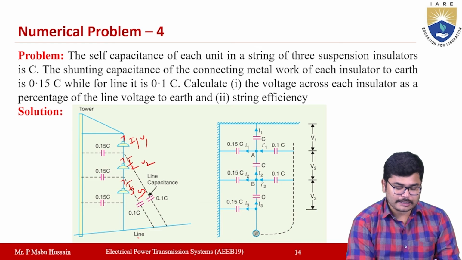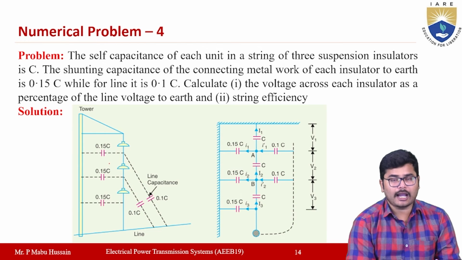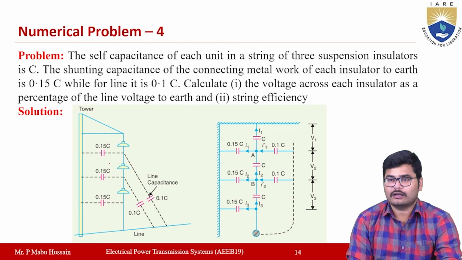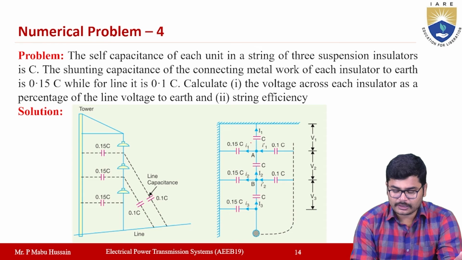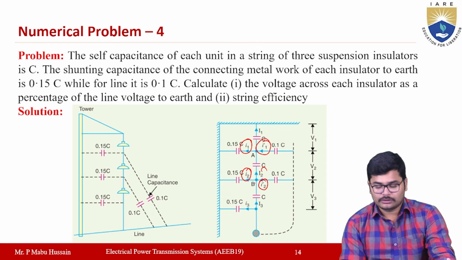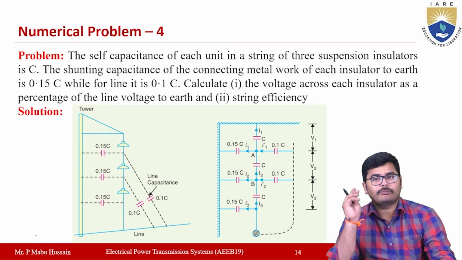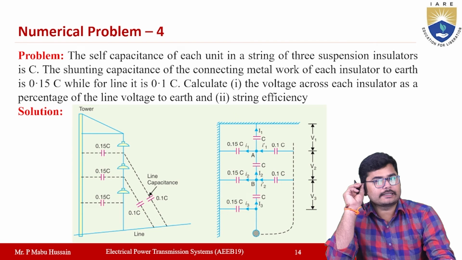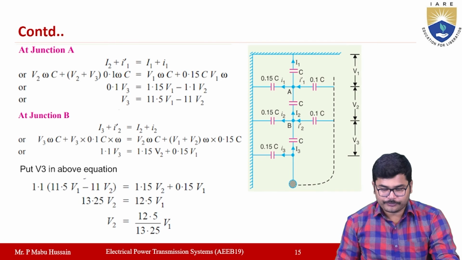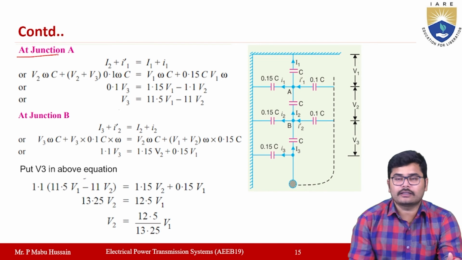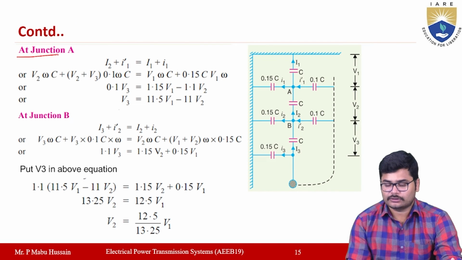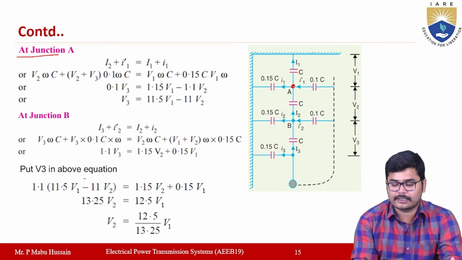Now the currents flowing through the shunt capacitances, you can treat them as I1 dash and I2 dash. Now it's the same procedure you have to repeat again. Each time you have to write the KCL at junction A as well as junction B. At junction A we write the KCL equation.